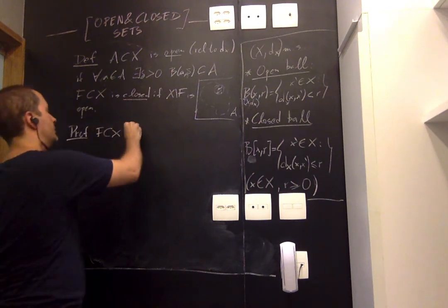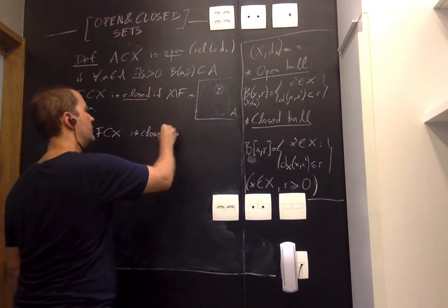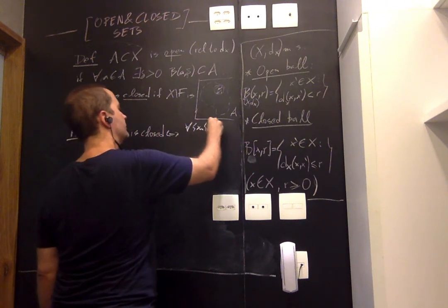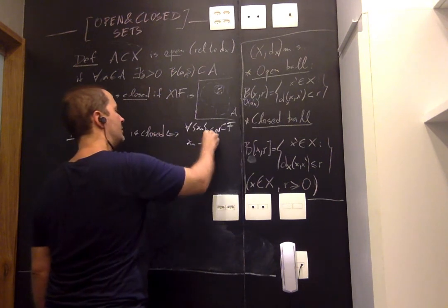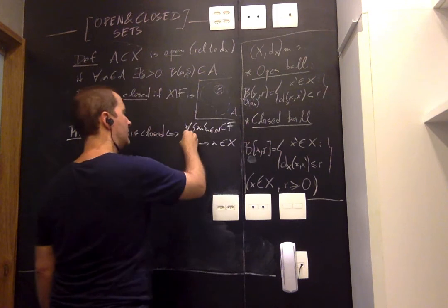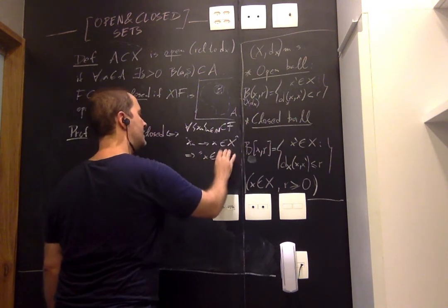F in X is closed if and only if for any sequence contained in F, if x sub n converges to x belonging to X, then it must be that x also belongs to the set.